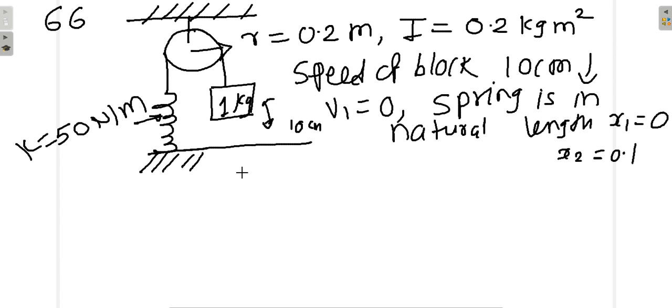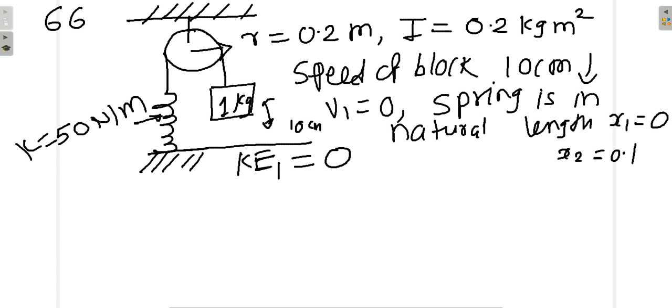What is the initial kinetic energy? Initial kinetic energy is 0, because the system is released from rest. What is the final kinetic energy? The final kinetic energy is the kinetic energy of the block plus the kinetic energy of the pulley.